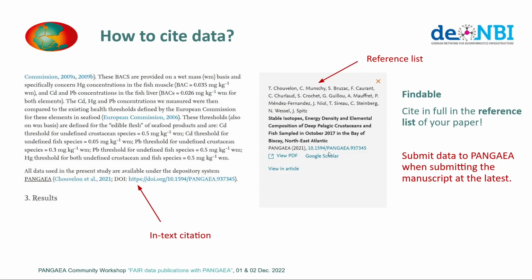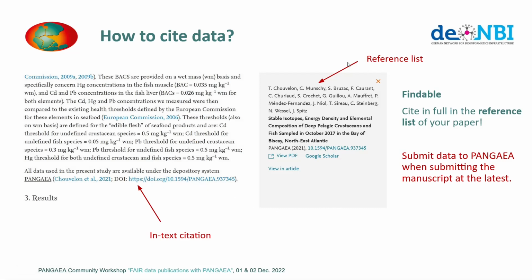In the second example, the journal format does not include a data availability statement. So here the data citation is included at the end of the methods section. And this case is even better because there is the in-text citation of the author and year, and also the PANGAEA DOI link included.